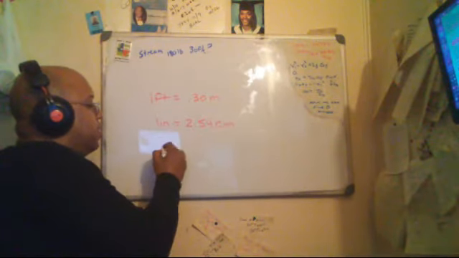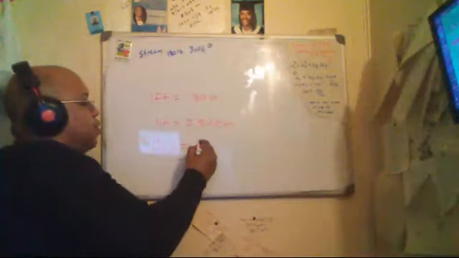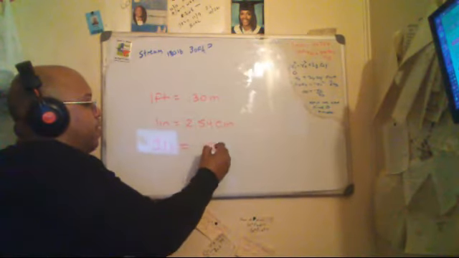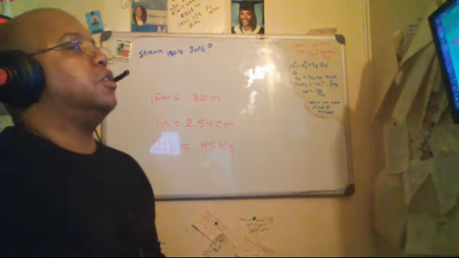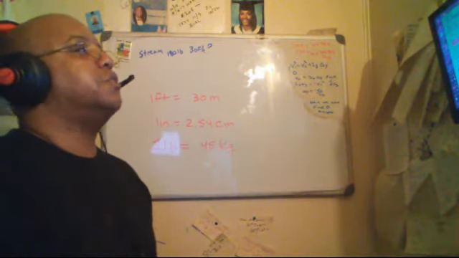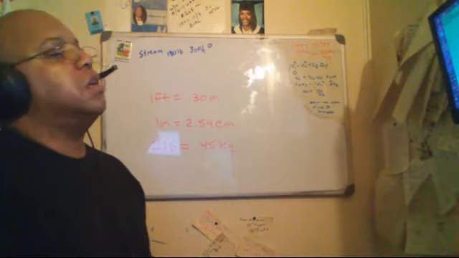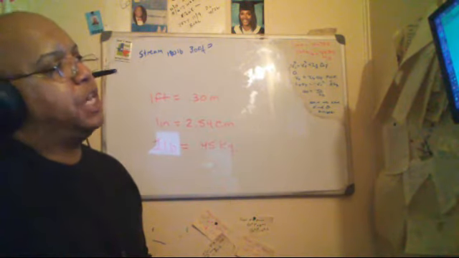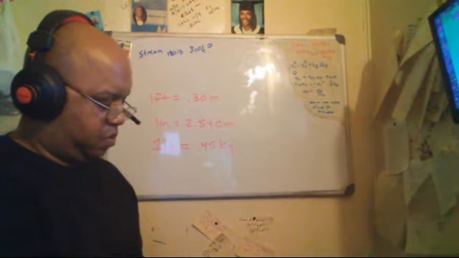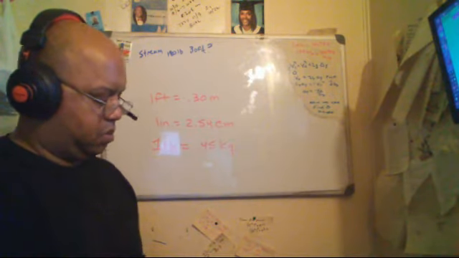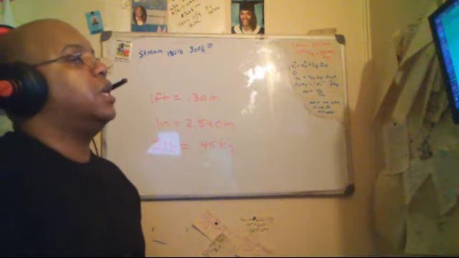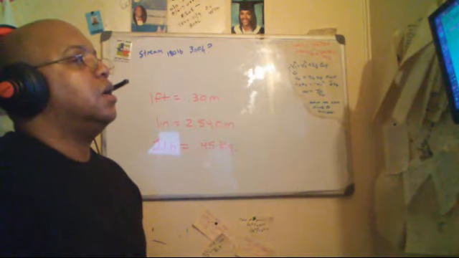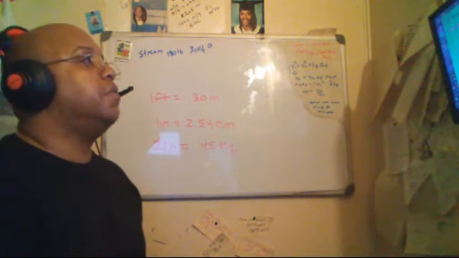1 pound equals 0.45 kilograms. I'm going to check that real quick because I don't want to give you guys bad information. But sometimes they will give you information in U.S. customary units, but the answers will be all in metric units.